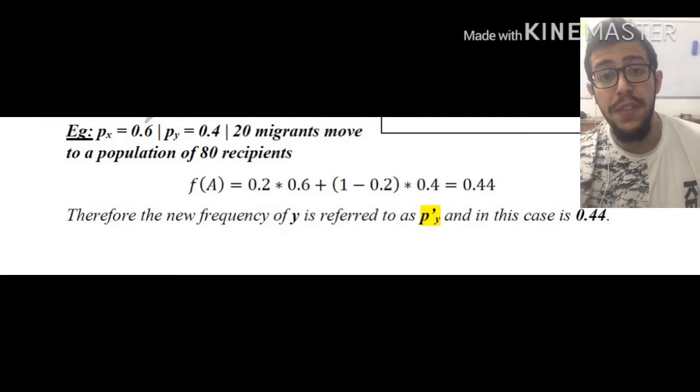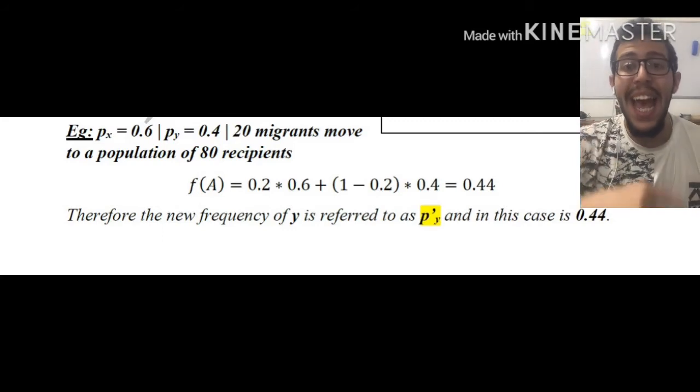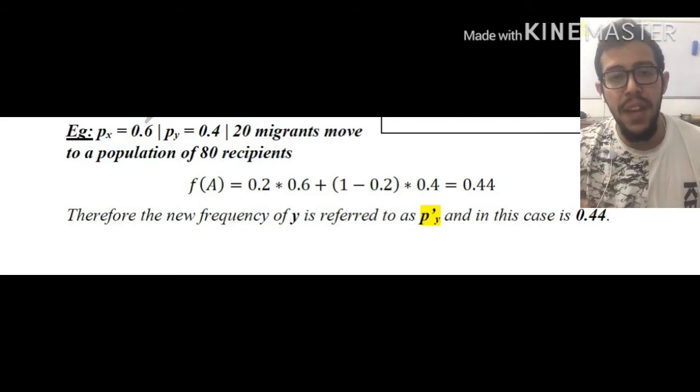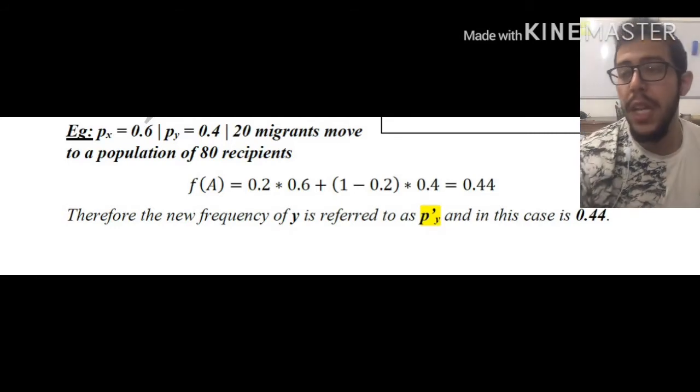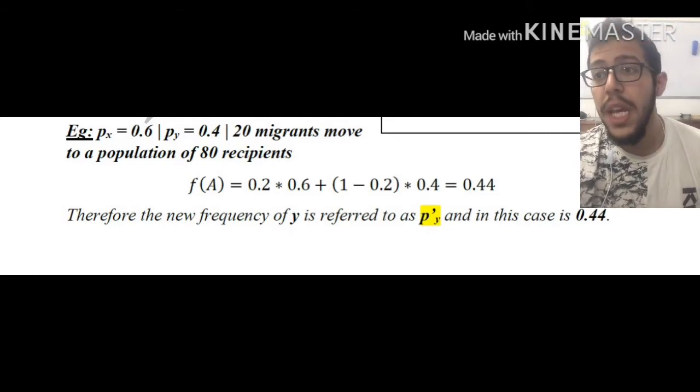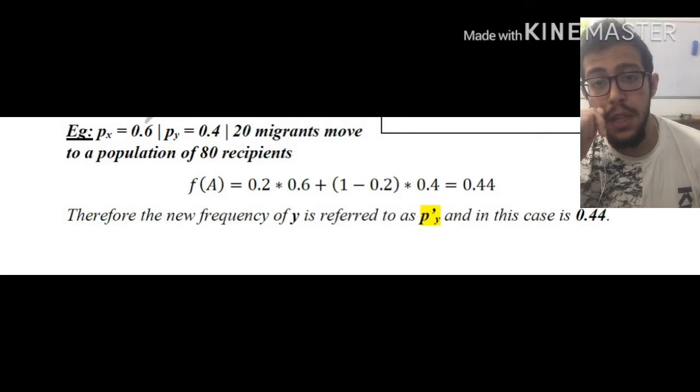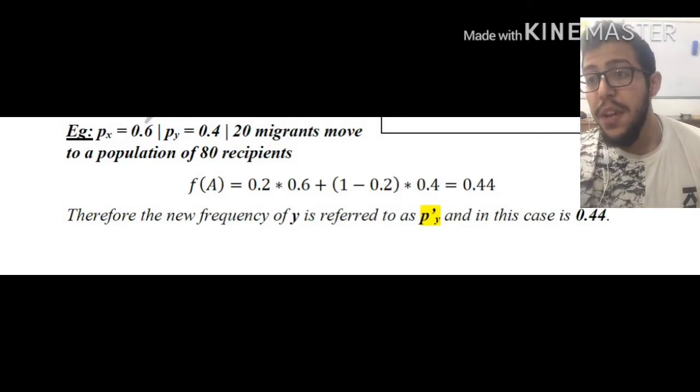So this is going to be the frequency of a particular allele after the migrants have entered and bred with the recipient population, after one generation, by the way. Therefore, the new frequency of Y is referred to as P prime Y, and in this case is 0.44.